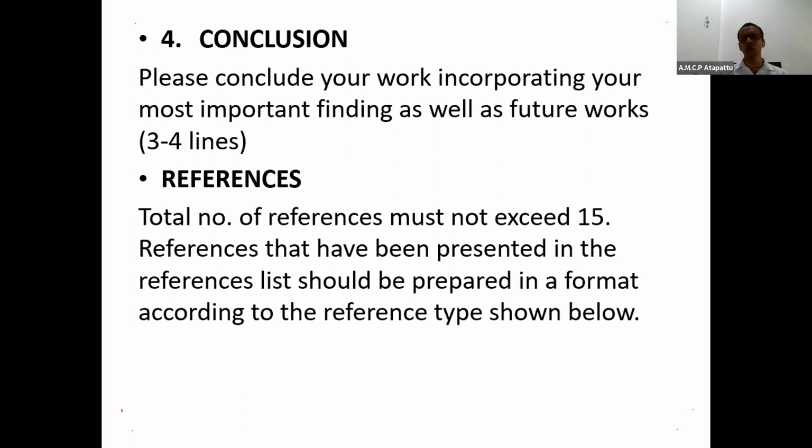But in your full paper, journal paper, you can include more and more. Here we are writing a short version of your full paper. Therefore, include a maximum of 15. Don't exceed that. Right. Finally, I want to explain these references.